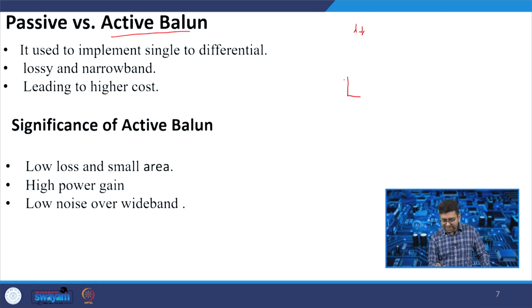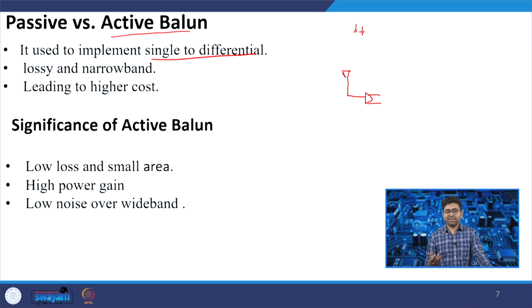Our antenna is single ended, and we want to convert it to differential. So, single ended to differential. What is the advantage of making it differential? We will have the benefit of improving the linearity.